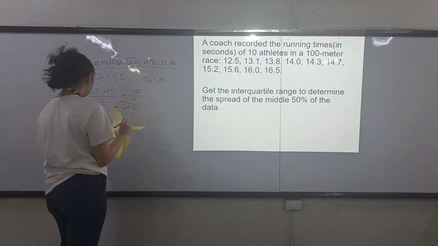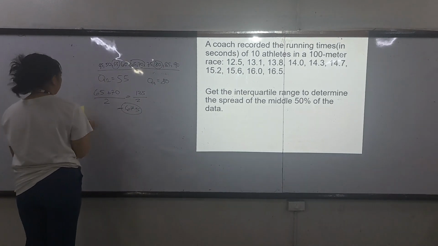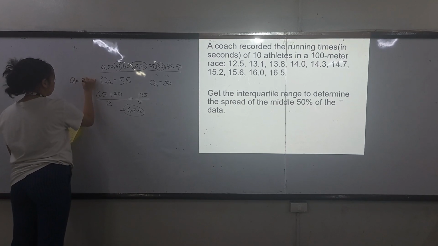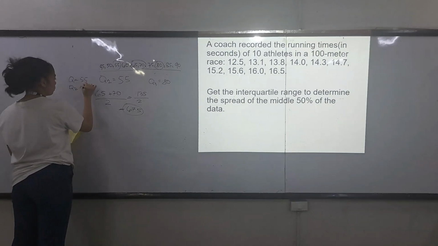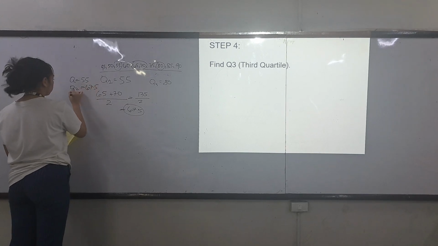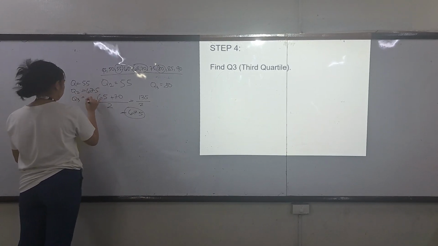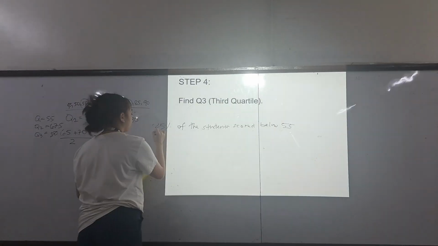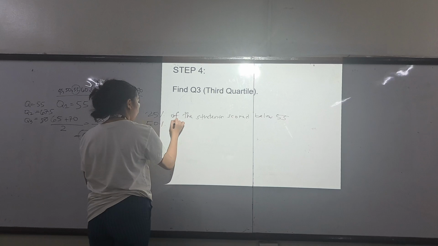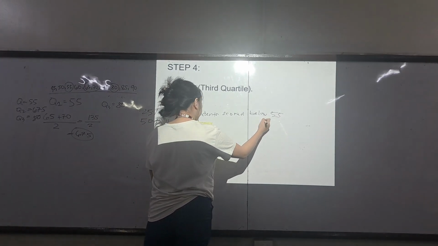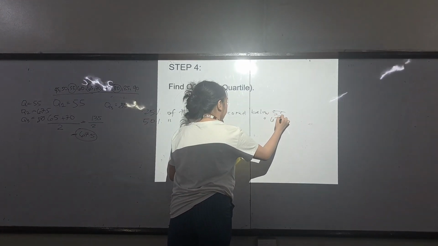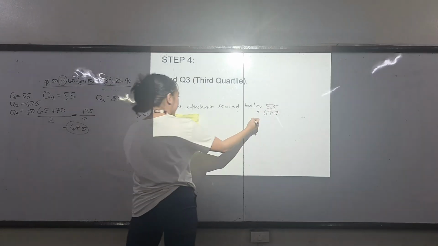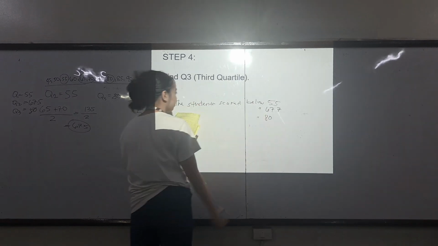So the final answers would be... of the students scored below 67.5 and 75% of the students scored below 80.